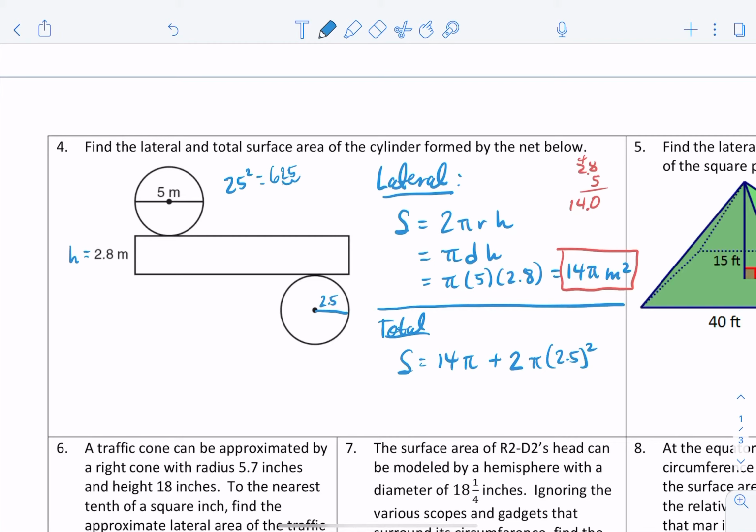So move that over 2 places. It's 6.25. So my total surface area, 14 pi plus 6.25 pi, for a total of, well, I can treat these like variables again and just add the coefficients. I get 20.25 pi meters squared for the total surface area.